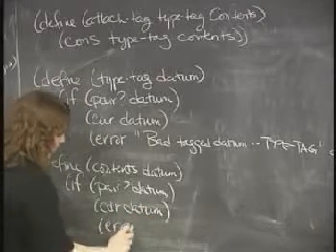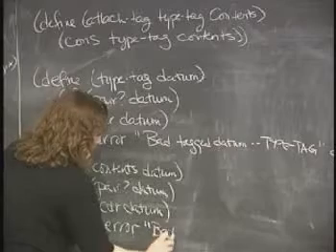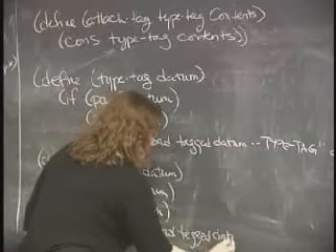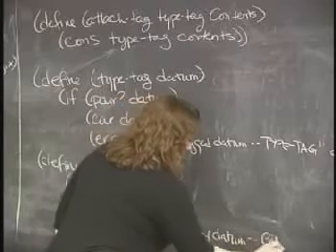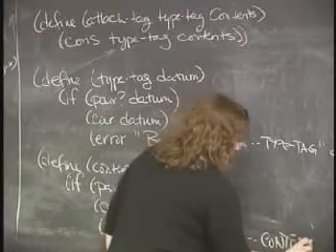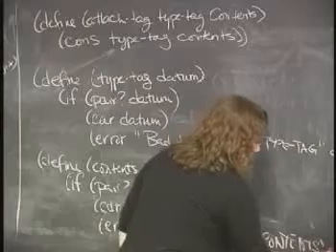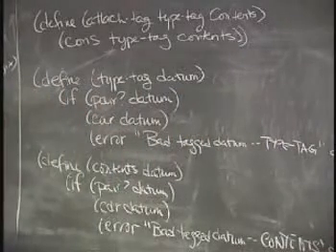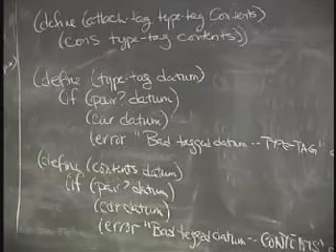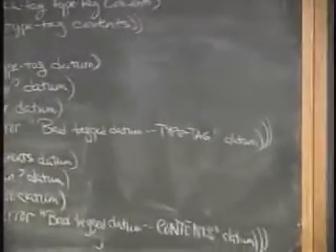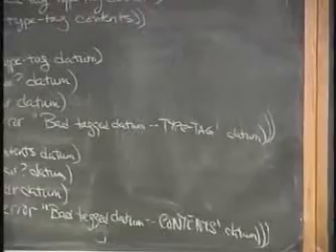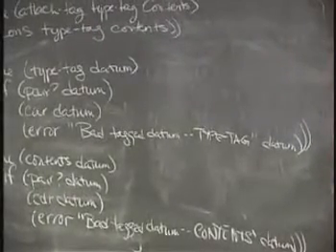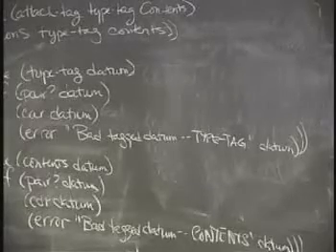Otherwise, we'll return an error. Question for you: is this going to check all possible errors? No. Because we could pass in a pair that still doesn't have a good tag at the beginning, right? So it'll check some of our problems, but it actually won't catch all of our problems.